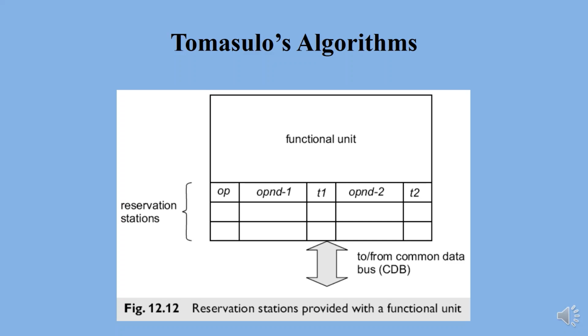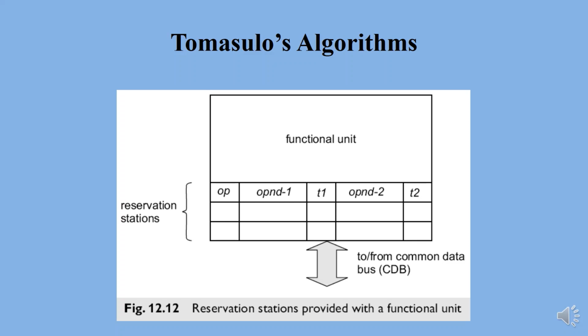At the time of instruction issue, the reservation station is filled out with the operation code. If an operand value is available, for example in a programmable register, it is transferred to the corresponding source operand field in the reservation station.